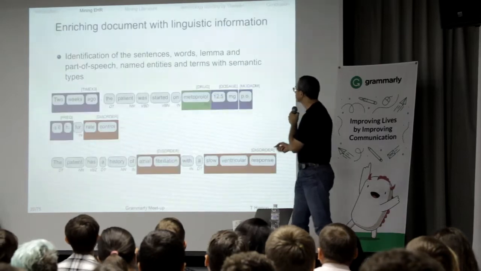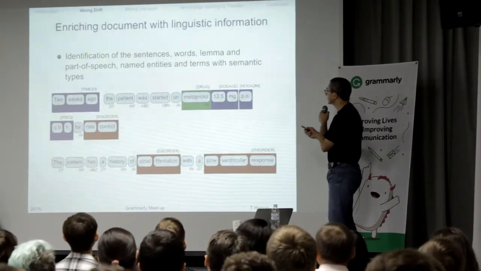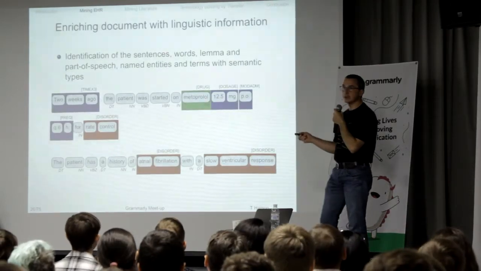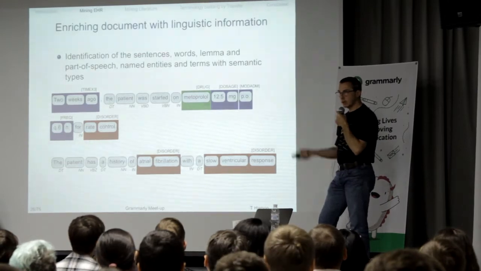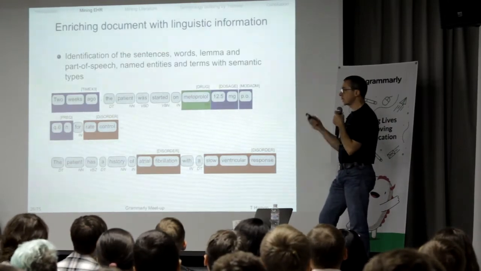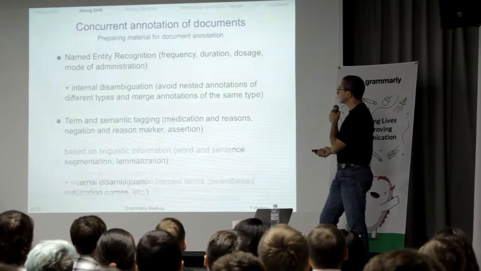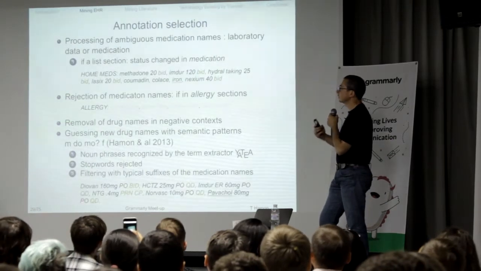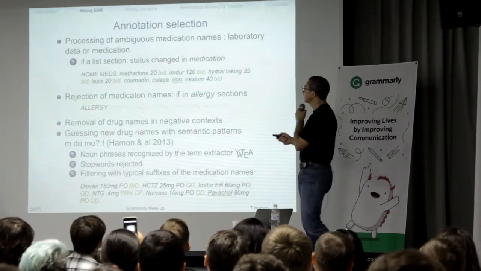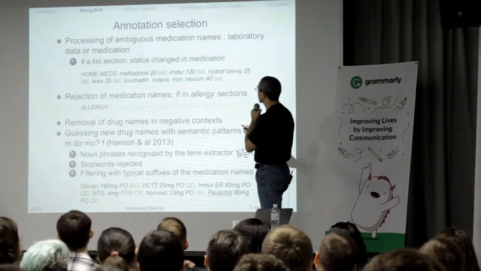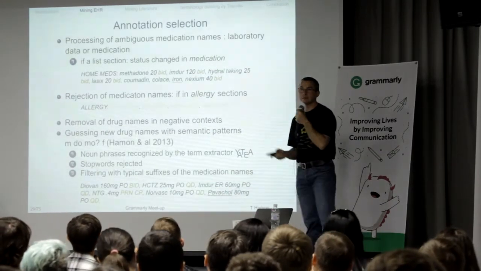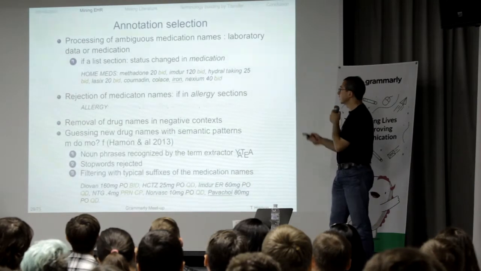What I didn't show you here is that sometimes there is ambiguity in the annotation, and we leave the ambiguities at this level, and in the post-processing module we try to remove the ambiguity. So for instance, iron can be a medication, but it can also be laboratory data.